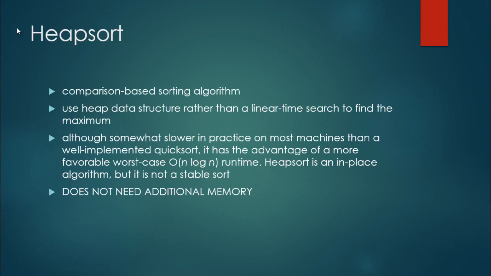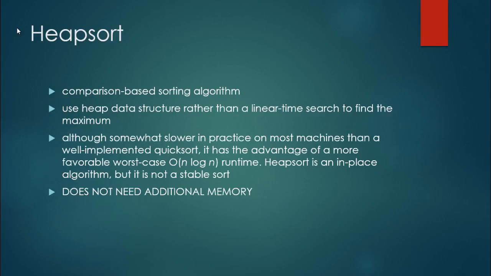What about the heap sort? We have been talking about how to construct a heap. But we can construct a sorting algorithm, which is very efficient. That's what we call the heap sort. It is a comparison-based sorting algorithm. We use a heap data structure rather than a linear time search to find the maximum.